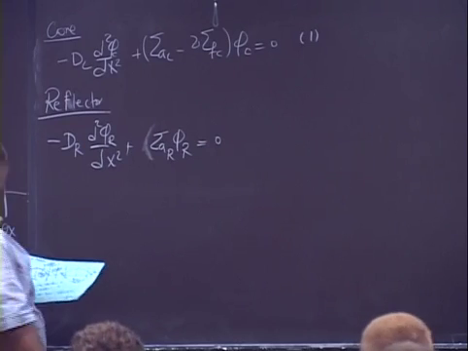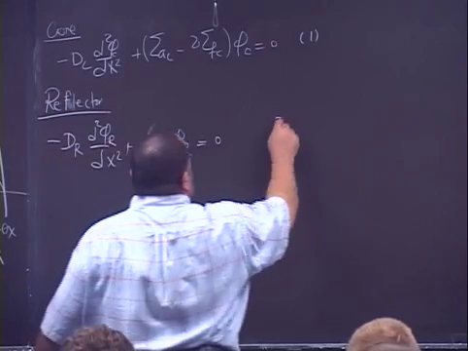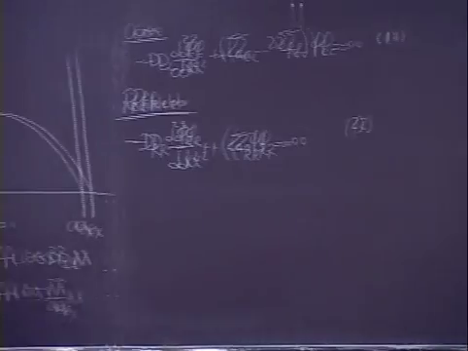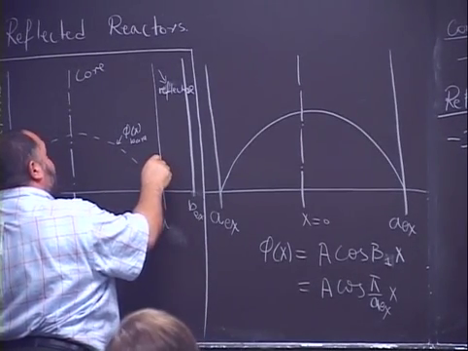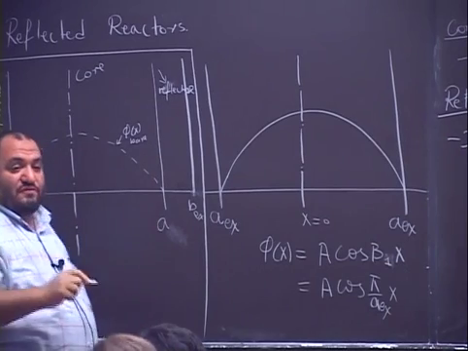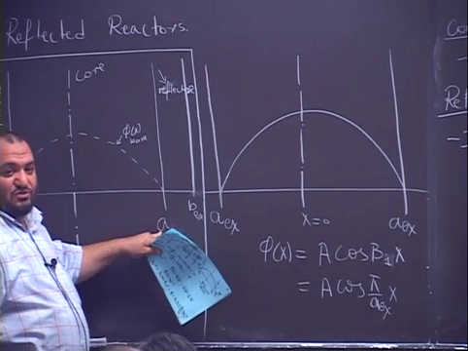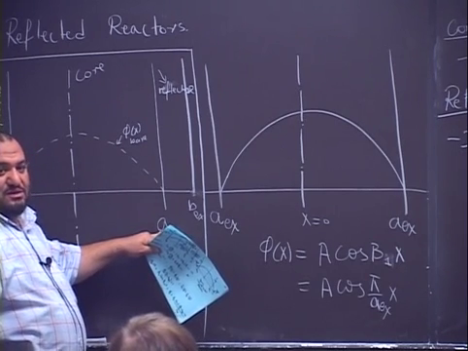So now, what are the boundary conditions for this equation? The boundary condition is you have to have the same flux at the interface between the reflector and the core. So the flux phi at a from the reflector side should be equal to phi at a from the core side.